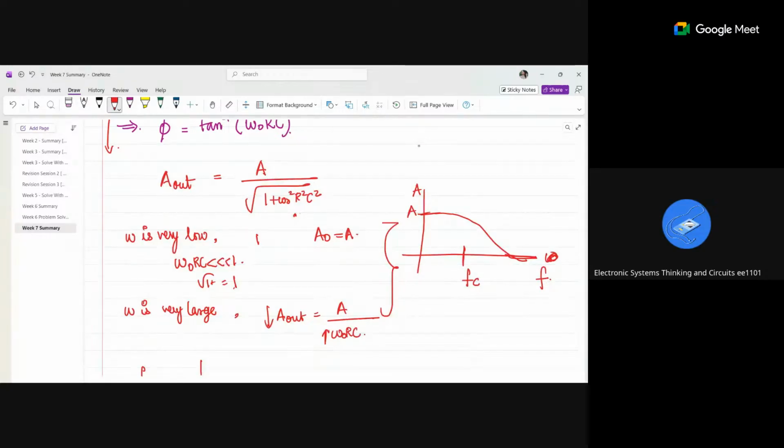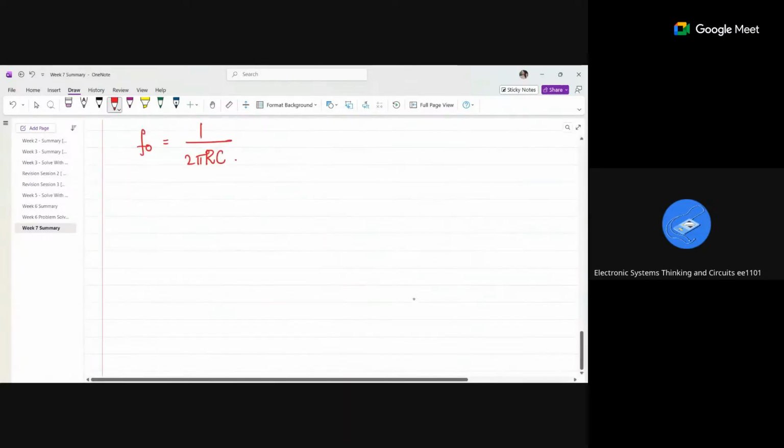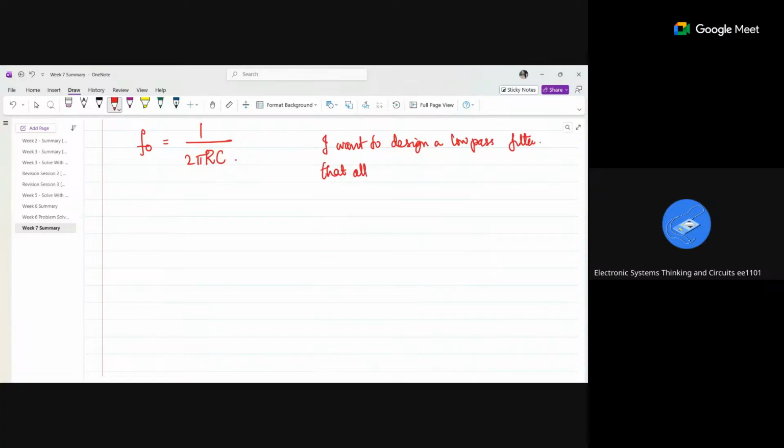Say I want to design a low pass filter that allows signals up to 15 kHz.